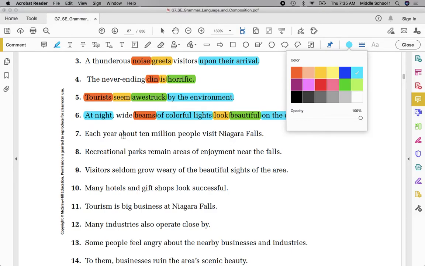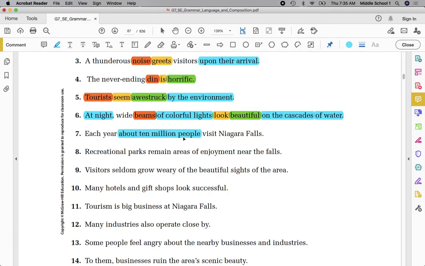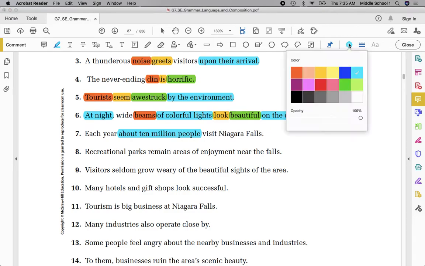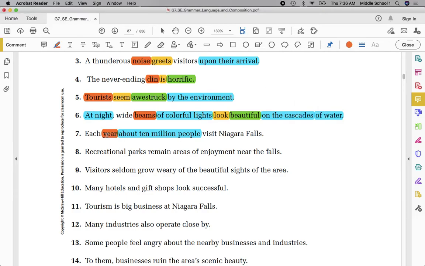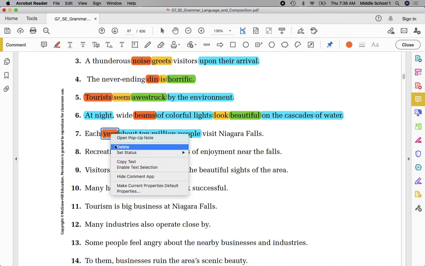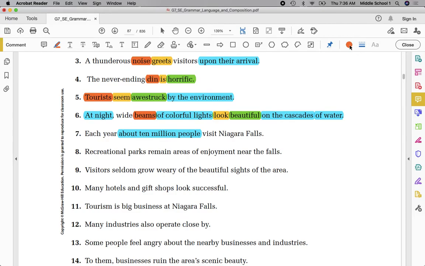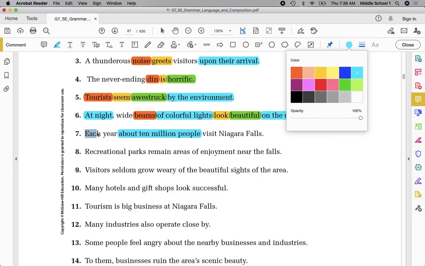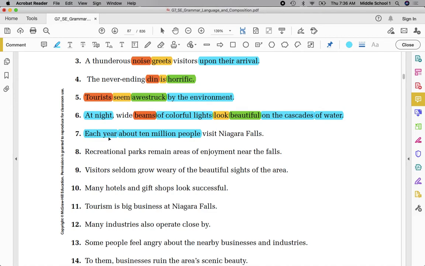Each year, about 10 million people, prepositional phrase, visit Niagara Falls. What's the sentence talking about? Year. People visit Niagara Falls? No. This here, each year, is a prepositional phrase. But that's a noun. Correct. That's the object of the preposition. What is my sentence really talking about?